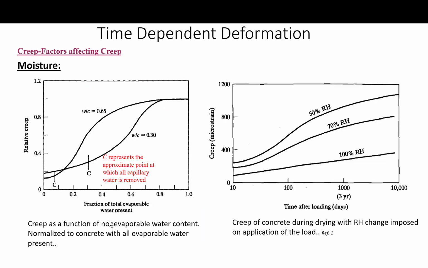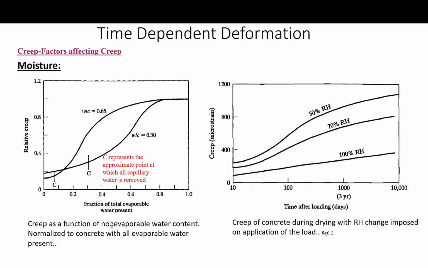Okay, moisture also affects creep. The presence of free moisture in concrete is a necessary condition for creep. By preconditioning at a lower relative humidity before applying an external load, the amount of creep is reduced.